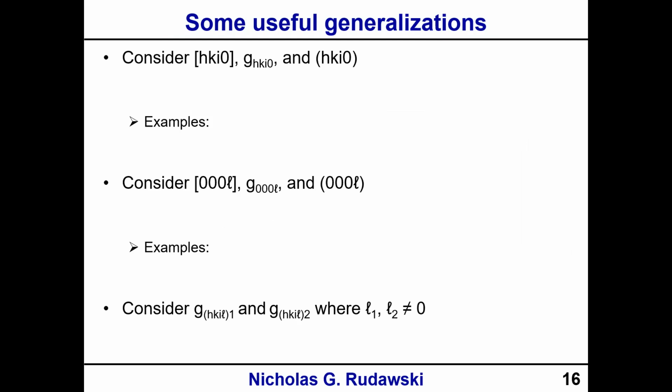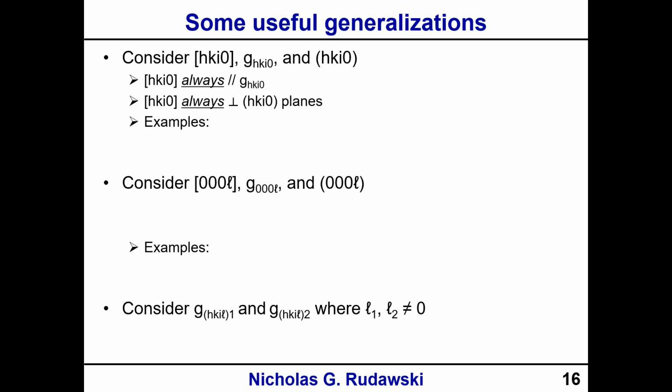So let's say we have directions, G vectors, and planes of the HKI0 form. What we can show is that we always have HKI0 directions parallel to HKI0 G vectors, and we always have HKI0 lattice vectors perpendicular to HKI0 planes.